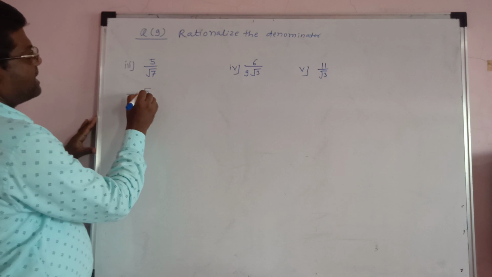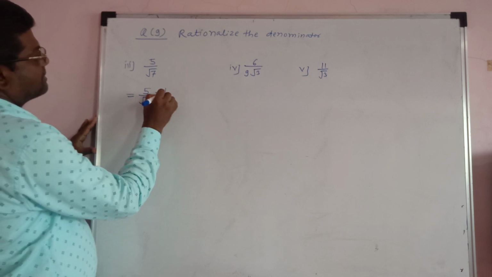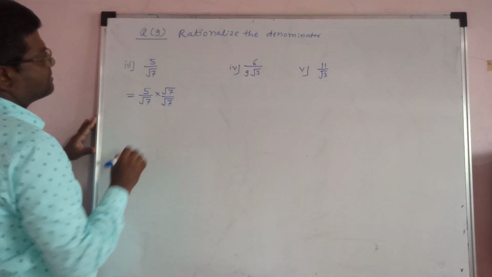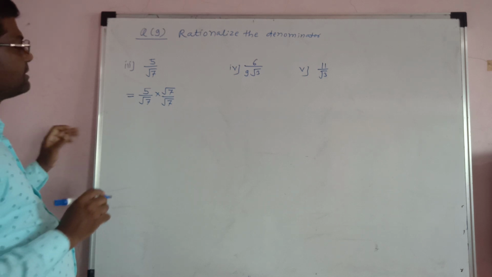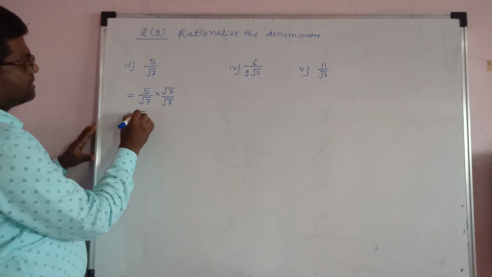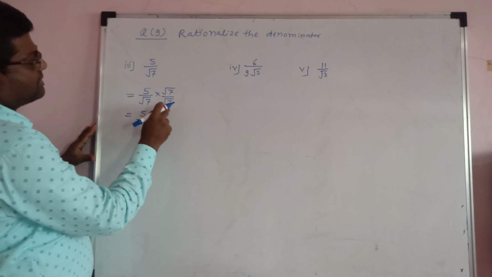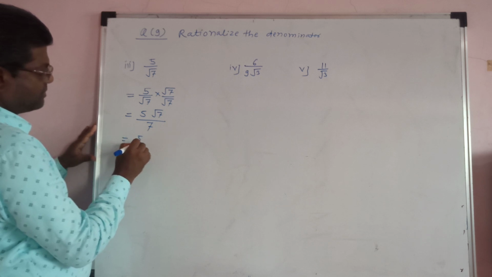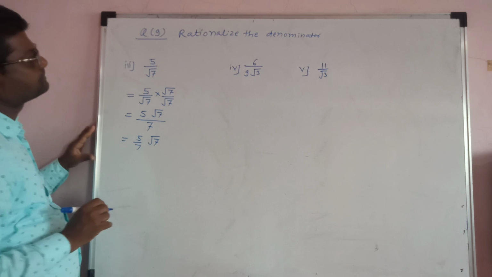So we multiply by root 7 in numerator and denominator. Therefore we get 5 root 7. Root 7 into root 7 will be 7. Therefore it will be 5 upon 7 into root 7.